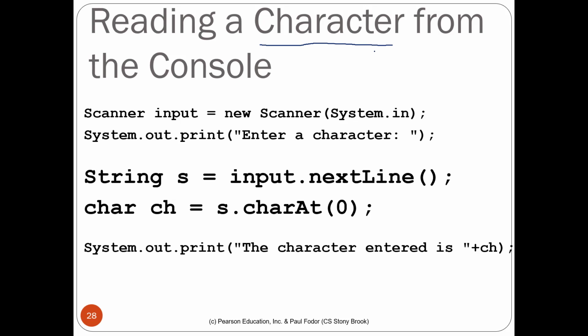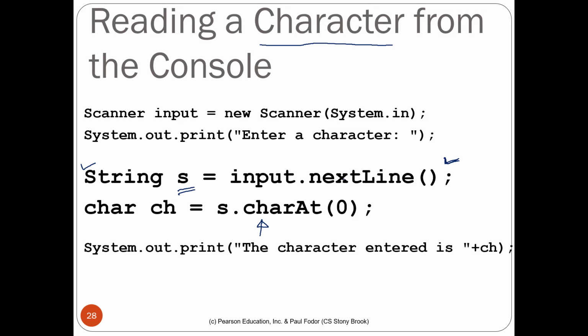So there is a trick. You should define a string s as input.nextLine. Make an attempt to read a string, and then from this string you need to take the first character. So declare s as a string type, ask the user for input, use nextLine, and take that as a string.